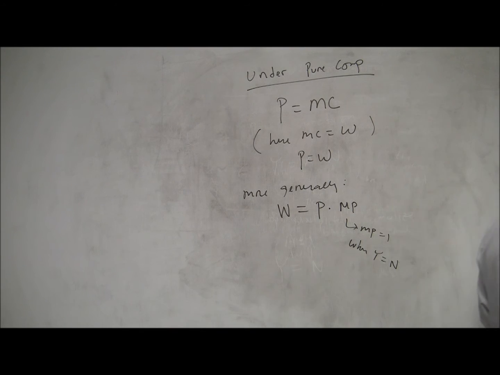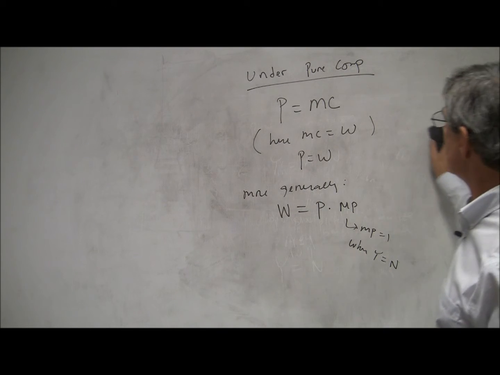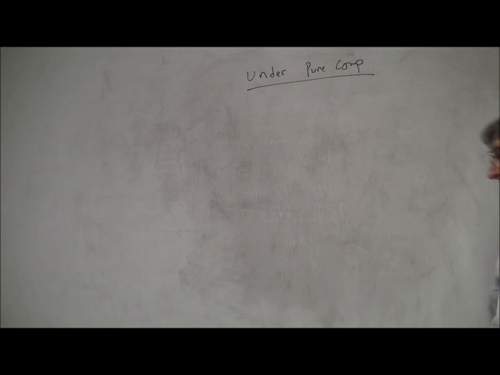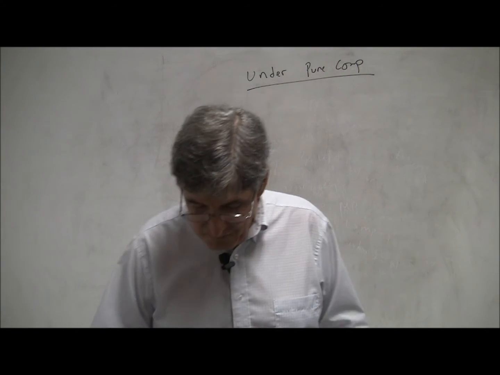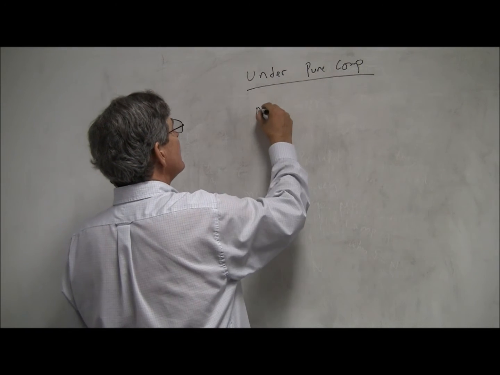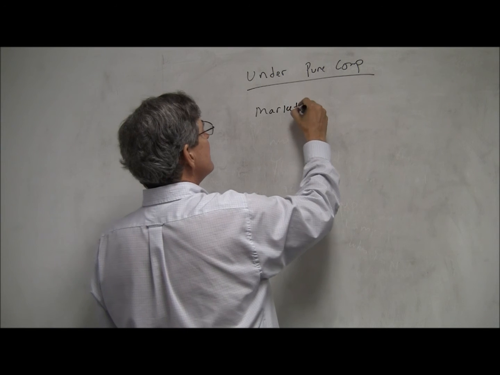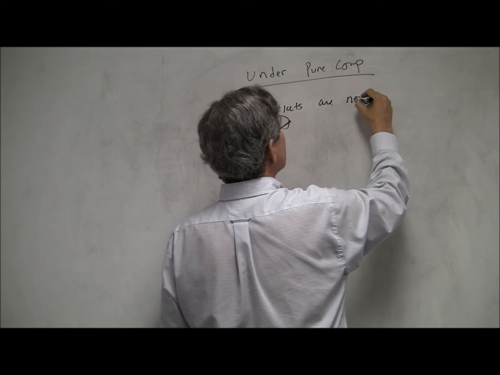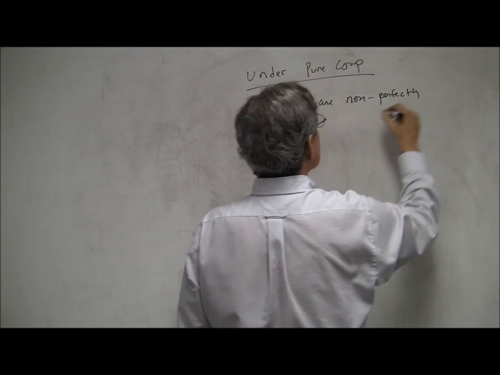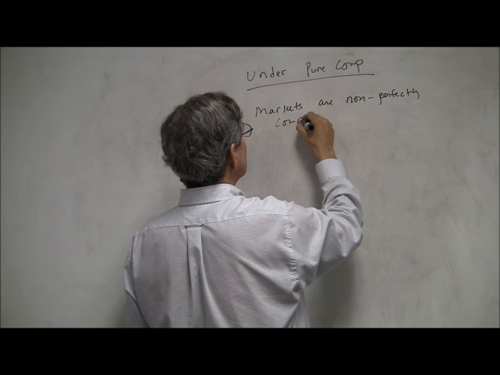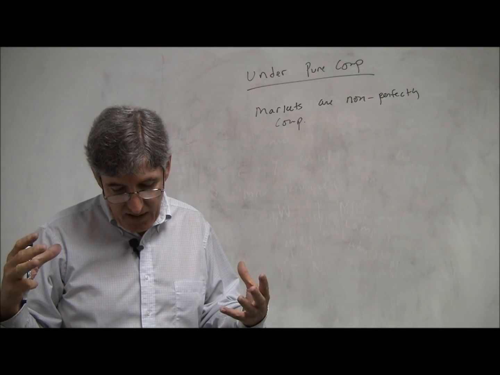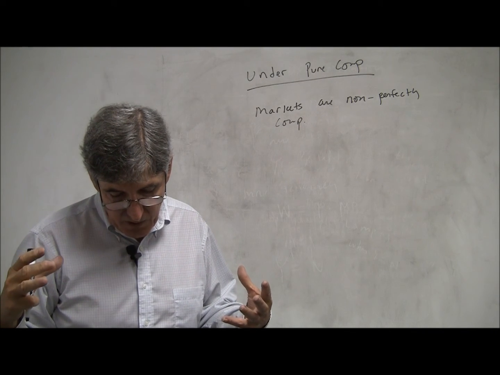What you should have also learned in micro is that when markets are not perfectly competitive, like monopolistic competition, a wedge gets drawn between price and marginal product.